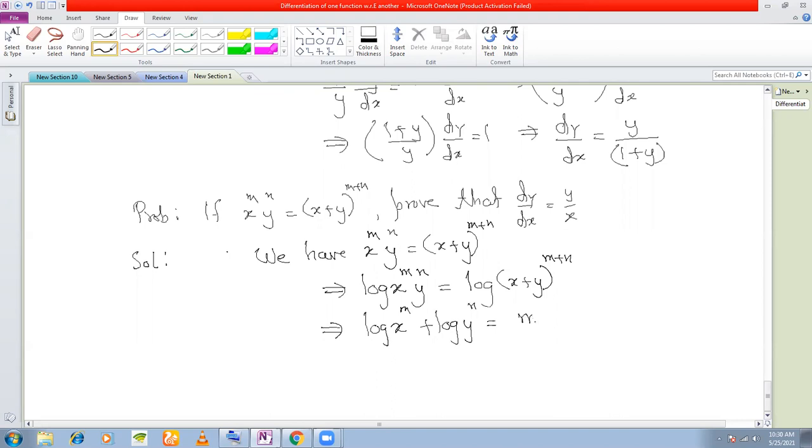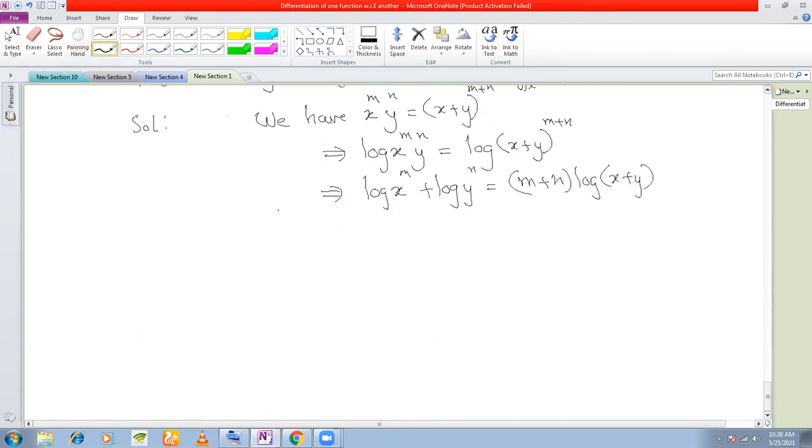Now here by power rule, you can write m plus n log x plus y. So that you have m log x plus n log y is equal to m plus n log x plus y.